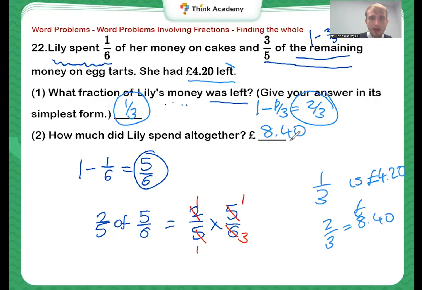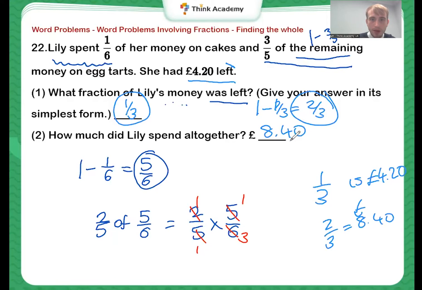Check the chat box. Of means times. When we're talking about a fraction of another number, you're pretty safe to think of 'of' as meaning times. So if you want to find a fifth of a whole number, you can times them together. If you want to find a fraction of another fraction, you can times them together. So I do think 'of' is a good thing to look out for with fractions, to replace with times for sure.